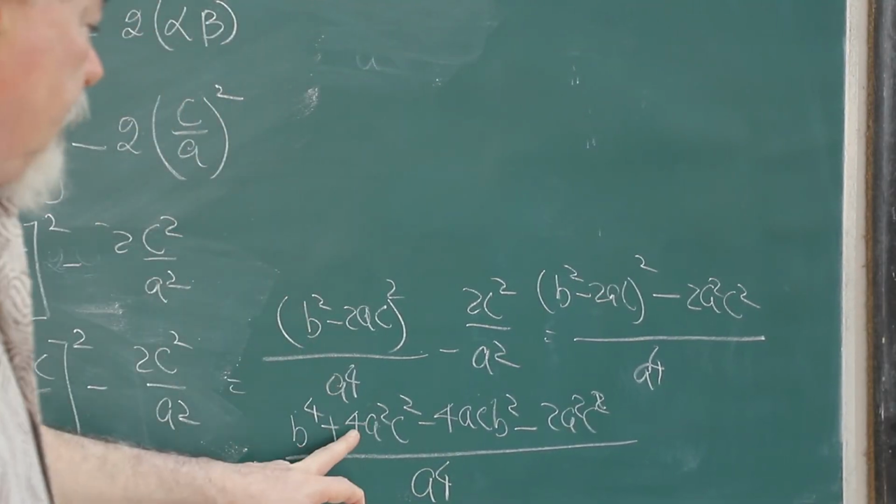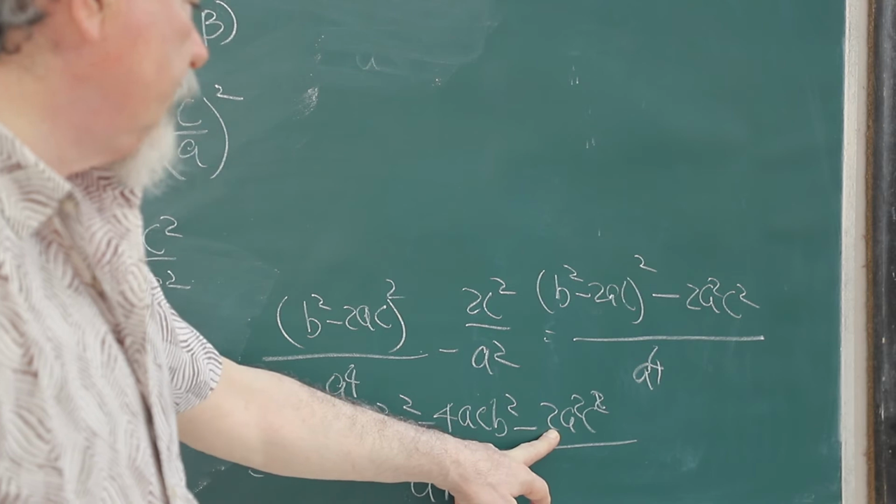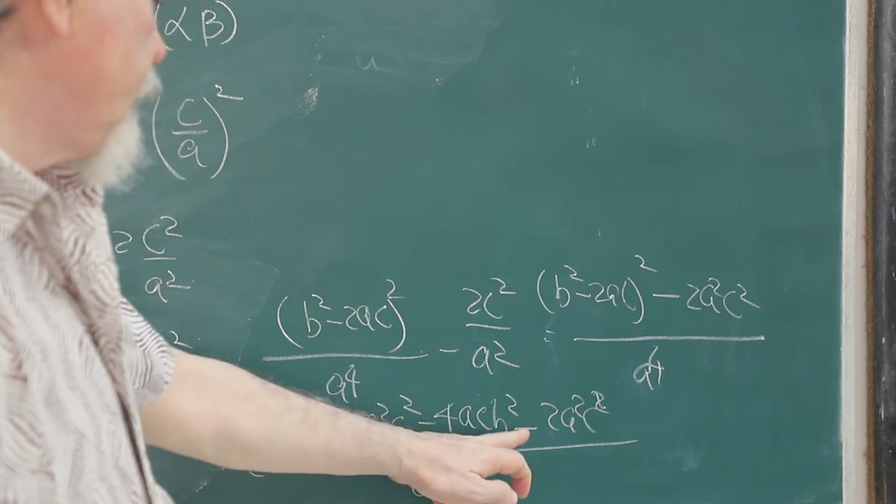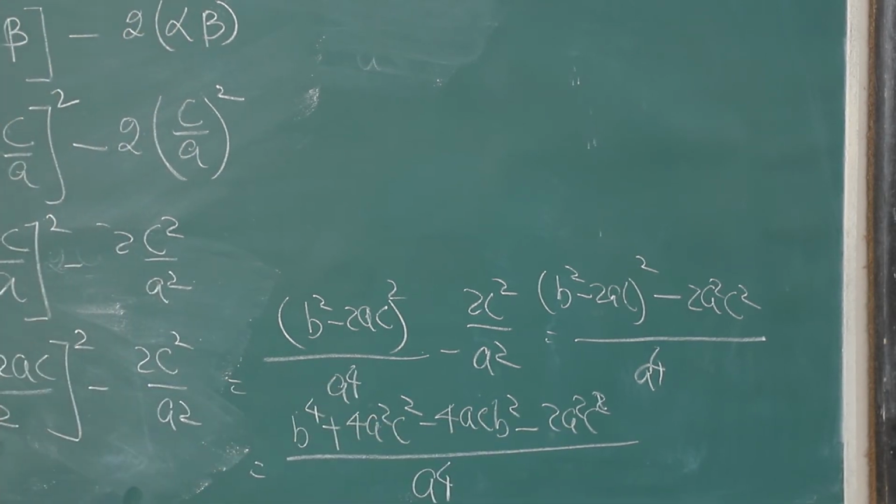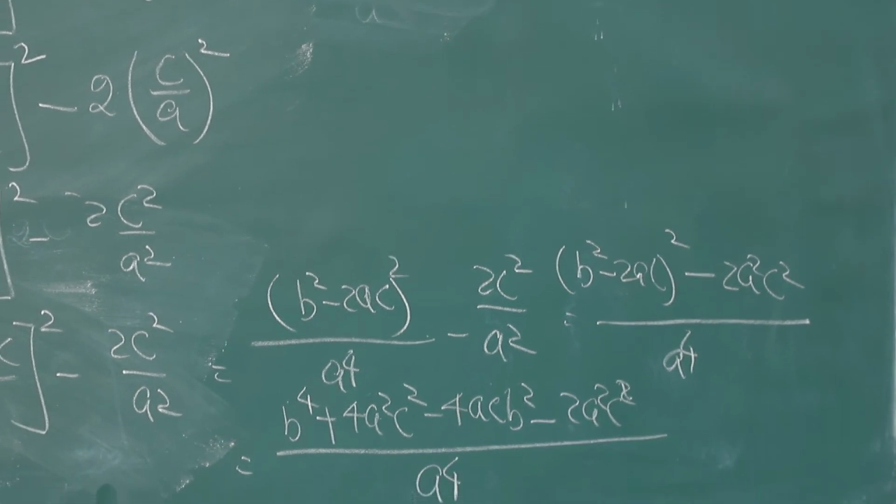You can take it as 2a square c square minus 4acb square upon a4. This could be taken like that.